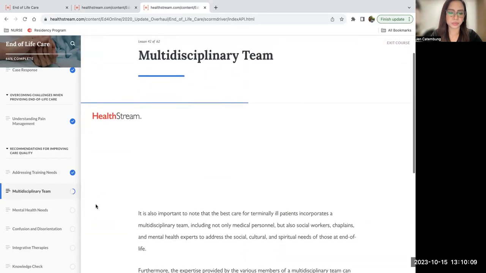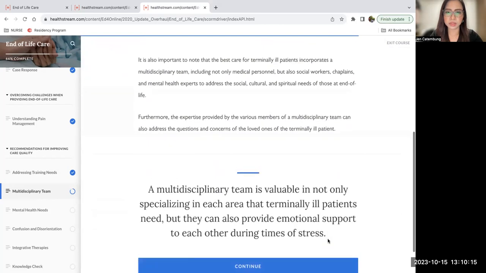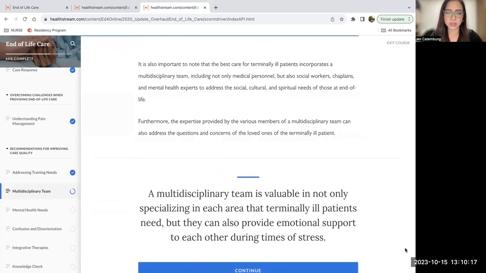Multidisciplinary team. It is also important to note that the best care for terminally ill patients incorporates a multidisciplinary team, including not only medical personnel, but also social workers, chaplains, and mental health experts to address the social, cultural, and spiritual needs of those at end of life.